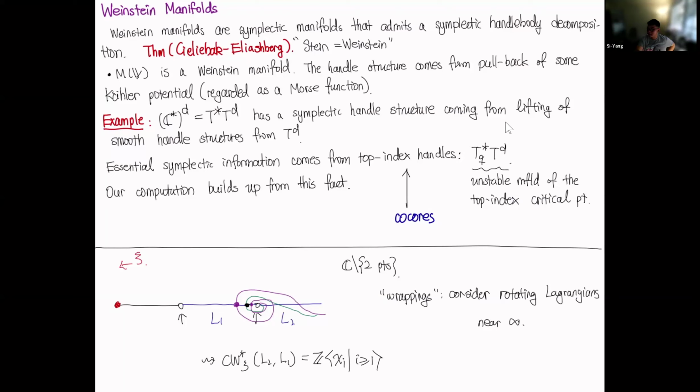There are no disks in this one-dimensional picture. If you want to find a disk, you need to find an embedded polygon inside this Riemann surface, but if you draw the picture, you cannot find any.